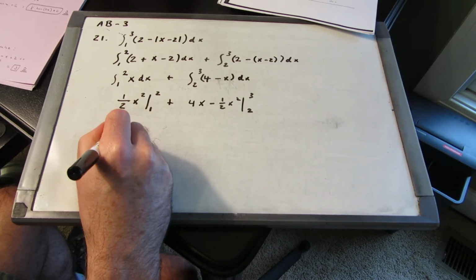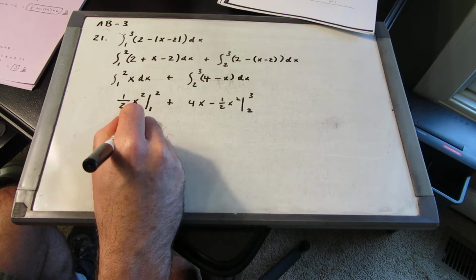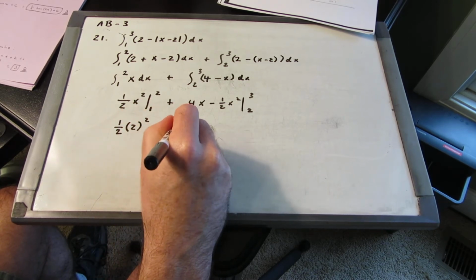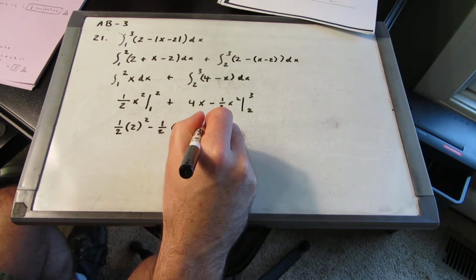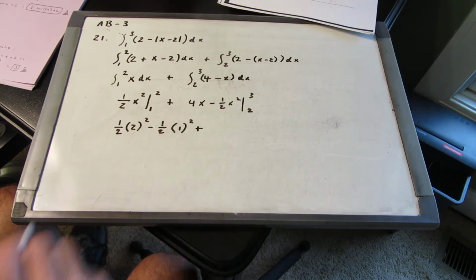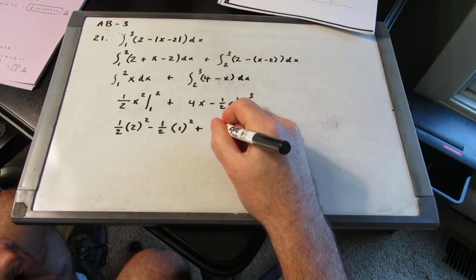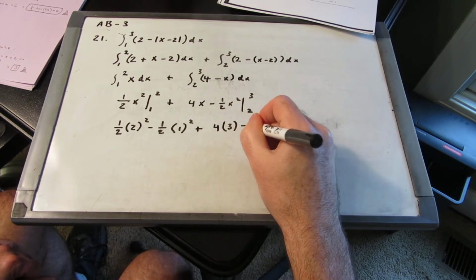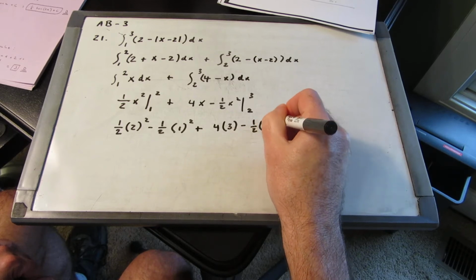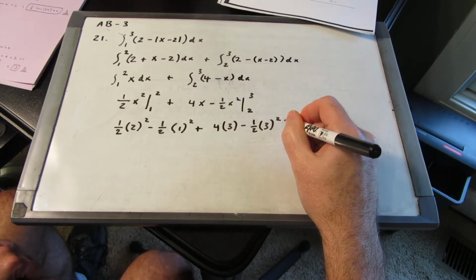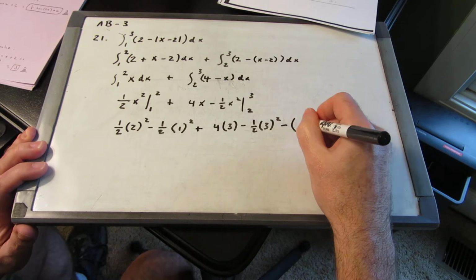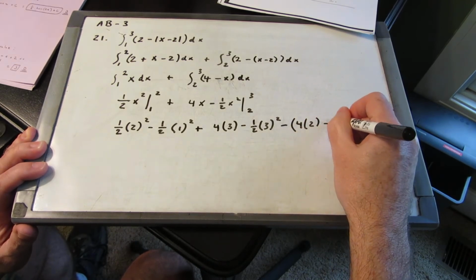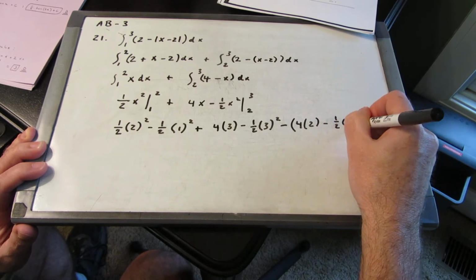So that's 1/2 times 2 squared minus 1/2 times 1 squared, plus 4 times 3 minus 1/2 times 3 squared, minus 4 times 2 minus 1/2 times 2 squared.